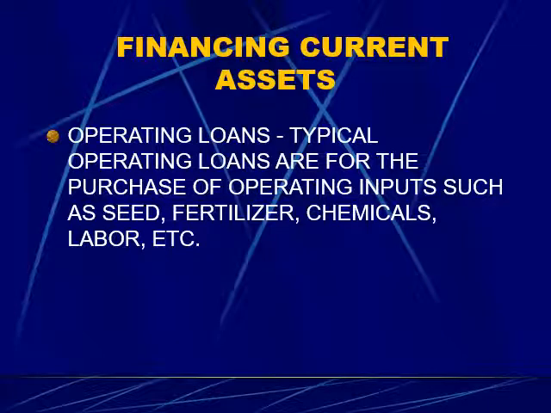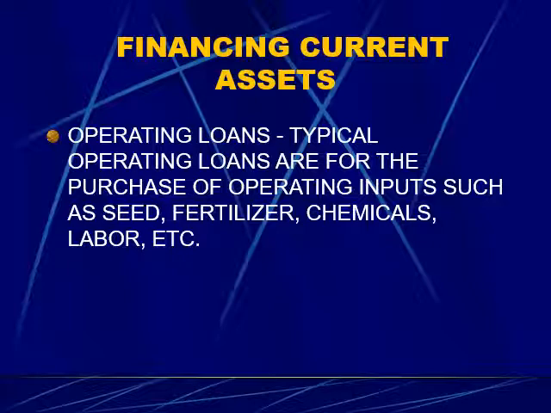Now, when we're financing current assets, most of the time we get an operating loan. These loans are typically used, of course, to buy inputs such as fertilizer, seed, pay labor, buy chemicals, those kinds of things. And those inputs are being used to produce a product. Most often, operating loans are a line of credit.